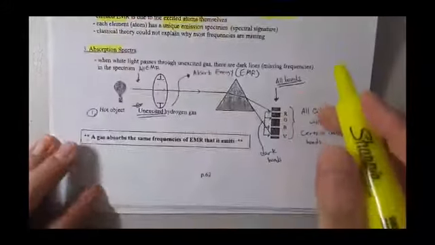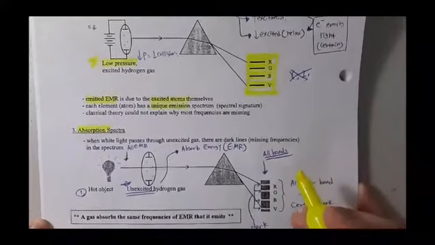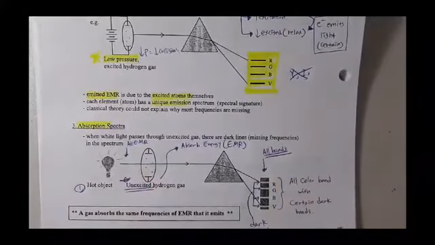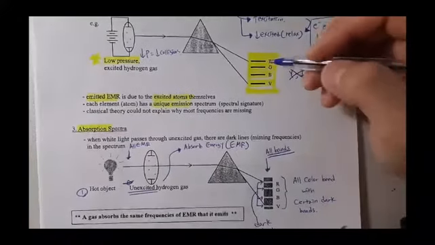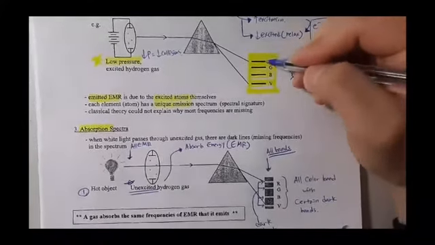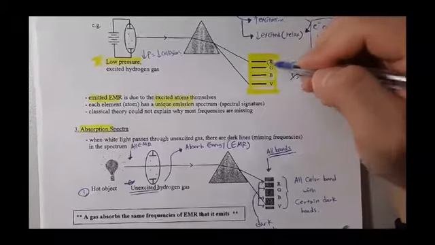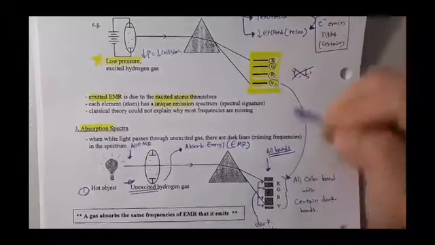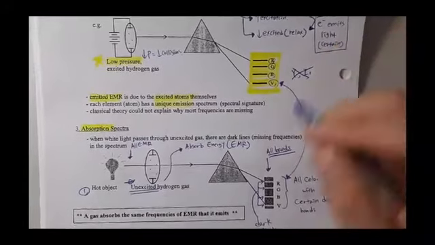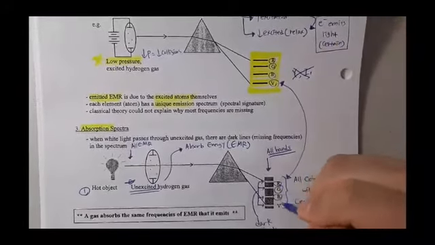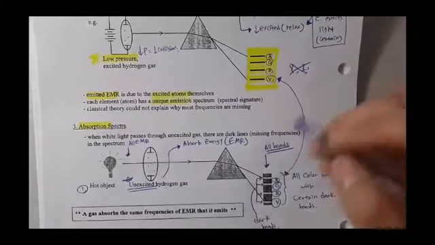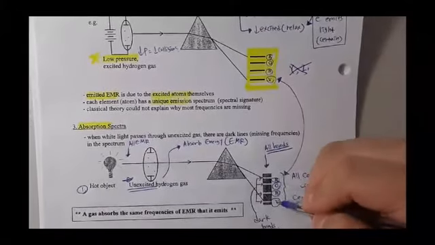Now you may notice, and I did it on purpose, can you see I put excited hydrogen, unexcited hydrogen? I want you to look at the result. You may see that there is nothing but color bands for red, green, blue, violet. Can you see and compare the result for the absorption spectra? You may notice that at this point, red, green, blue, violet also.